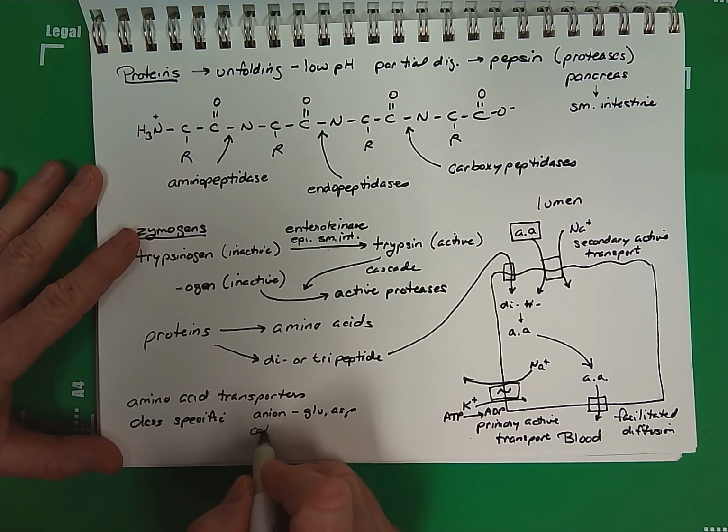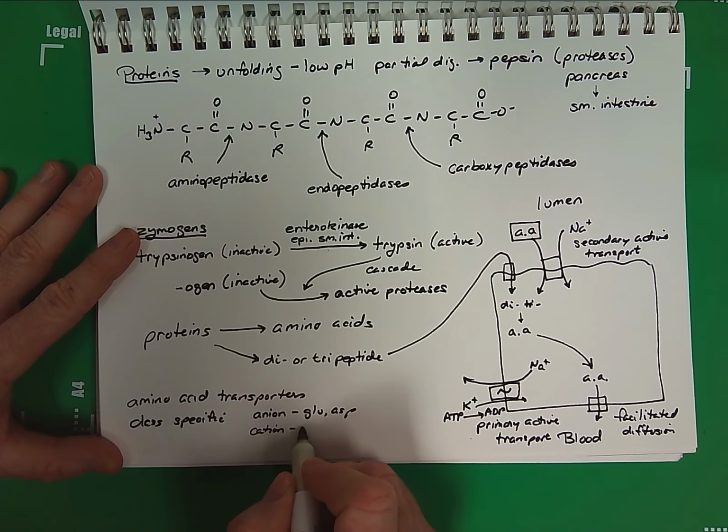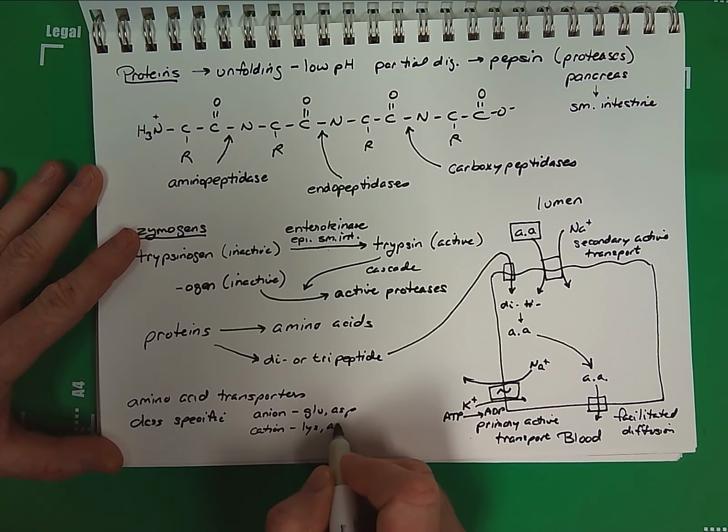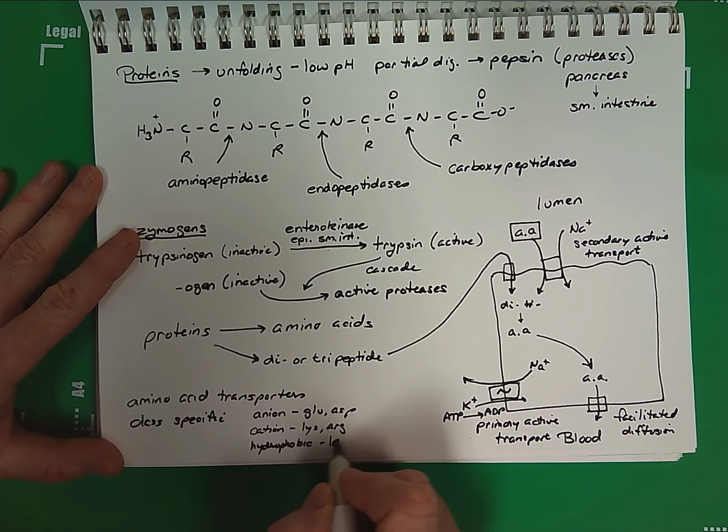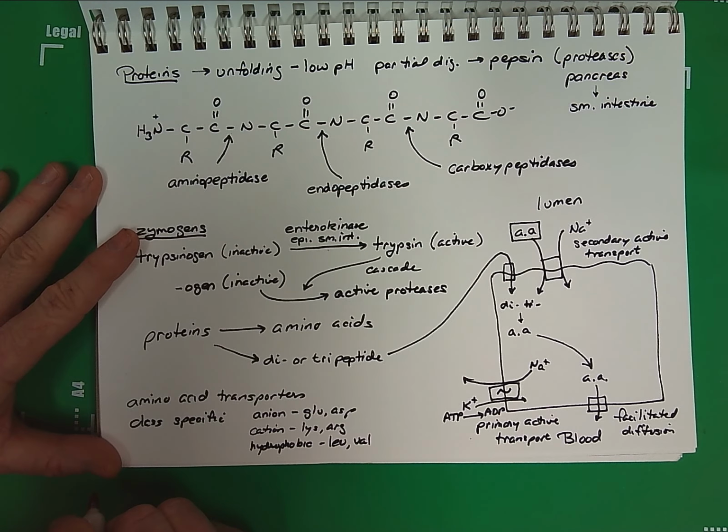We may have a cation transporter for lysine and arginine. We may have a hydrophobic transporter, for example, for leucine and valine, etc. So amino acids are taken up primarily by the characteristics of their R chains. So their R chain will dictate the transporter that is being used.